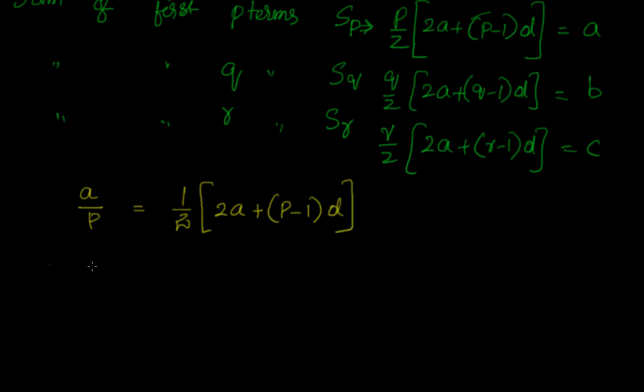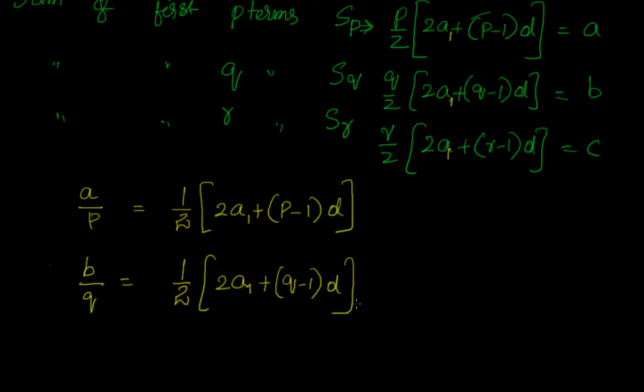Similarly, b by q equal to 1 by 2 into 2a. Actually, let me take it as a1 so that it will not conflict with the a we have here. So I will say 2a1, and d is the common difference. a1 is the first term of this progression. 2a1 plus q minus 1 into d.